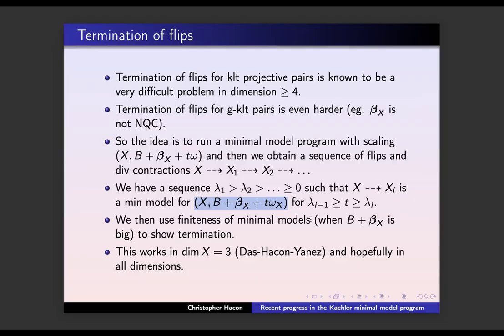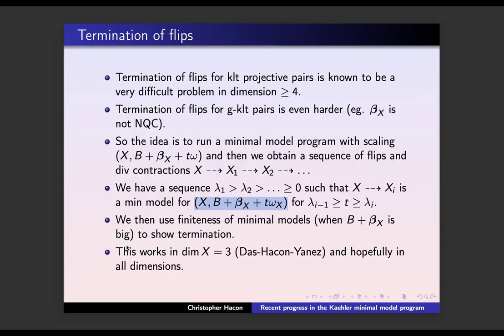And what it really boils down to is, you can assume that you know the minimal model program in dimension n-1, and then you want to prove that this kind of sequence of flips with scaling terminates. There are several technical issues to worry about, and I'm not going to get into that because it's somewhat involved.